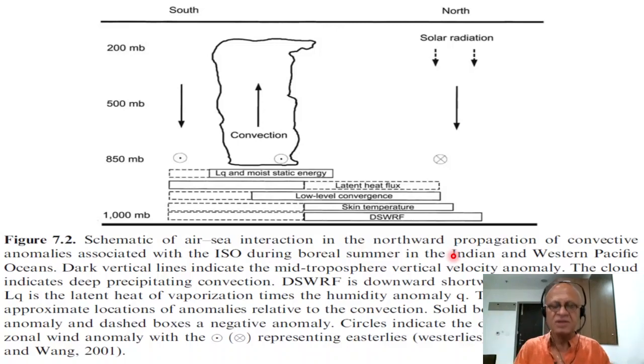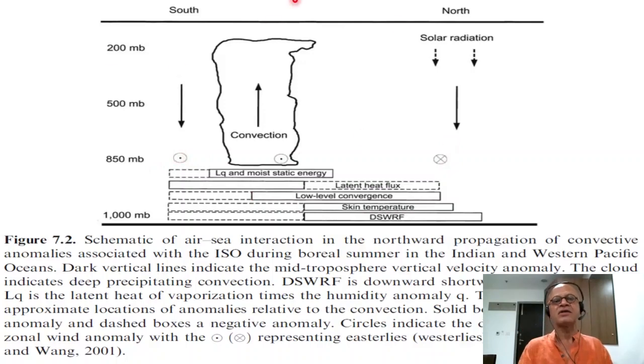Remember, there is East Asian monsoon and Indian monsoon, and there is a 30 to 60 day time scale in both places in the Indian and Western Pacific Oceans. Dark vertical lines indicate mid-tropospheric vertical velocity anomalies. So you have vertical motion upward in the convective phase, and you have subsidence on either side with the winds going into the screen here.